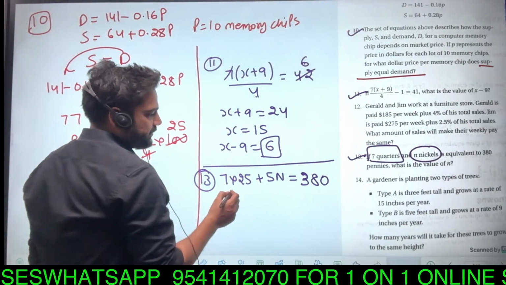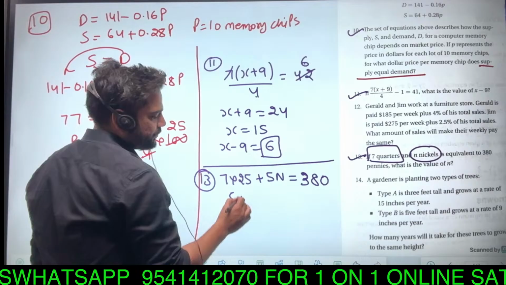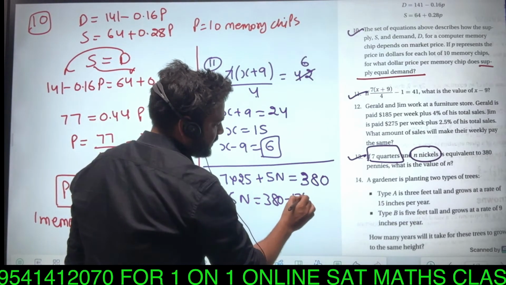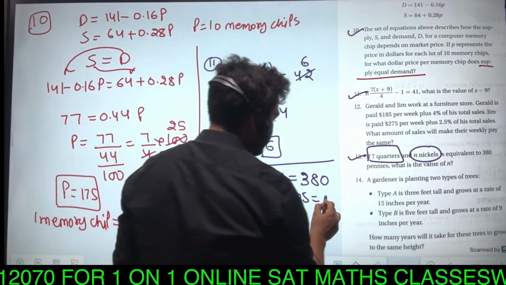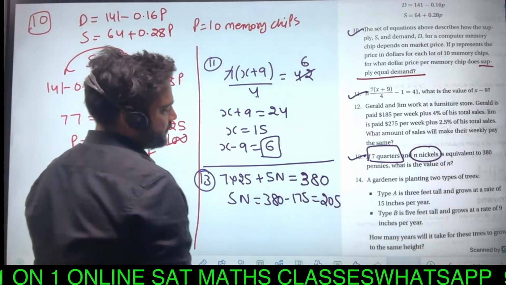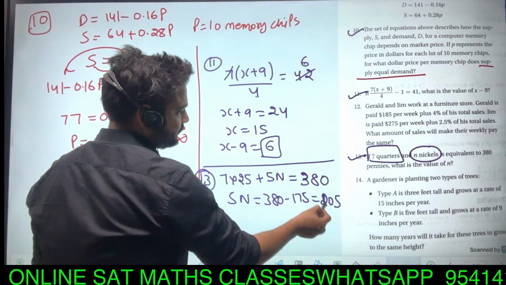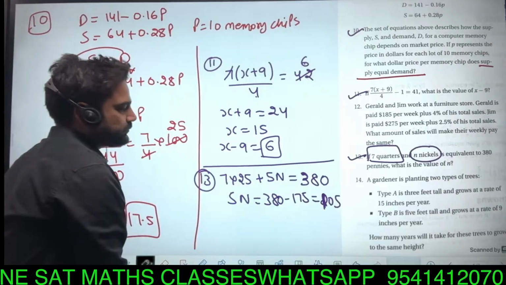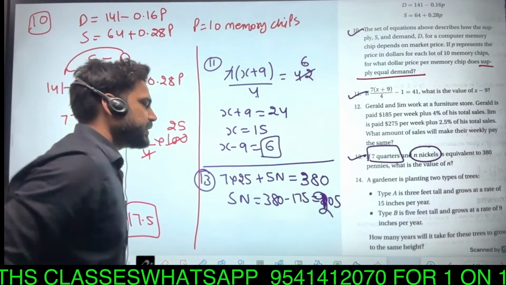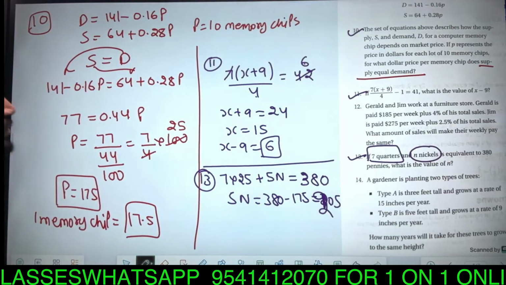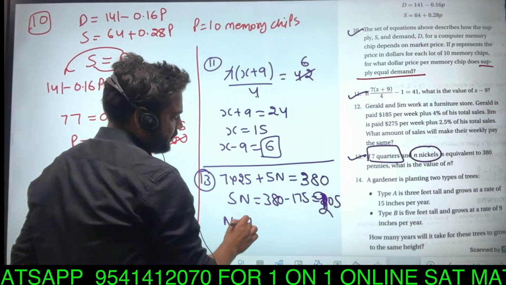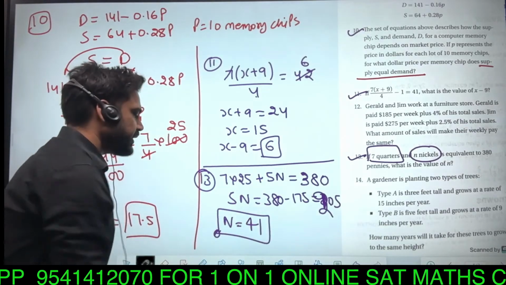7 times 25 is 175. So 5n plus 175 equals 380, and 5n is 380 minus 175, which is equal to 205. Then 205 divided by 5, the answer will be 41.